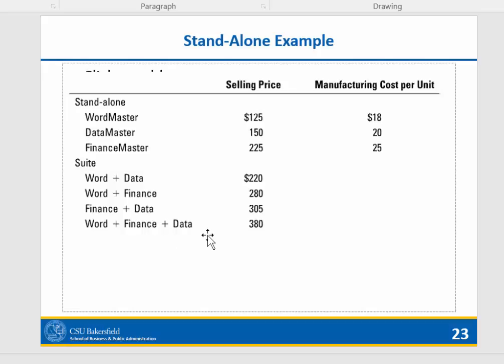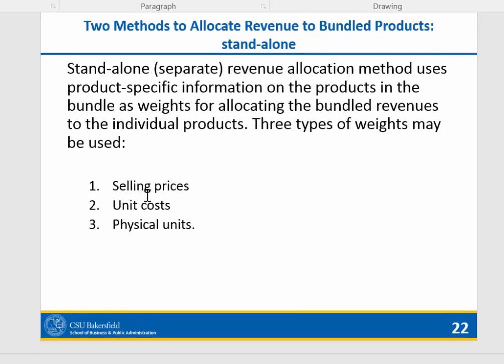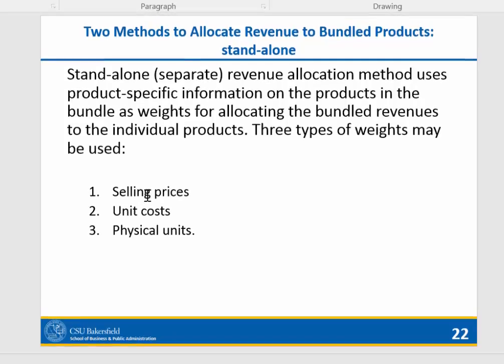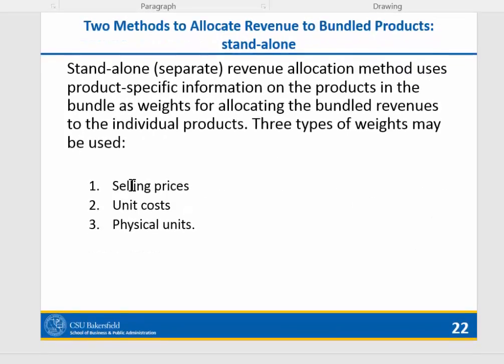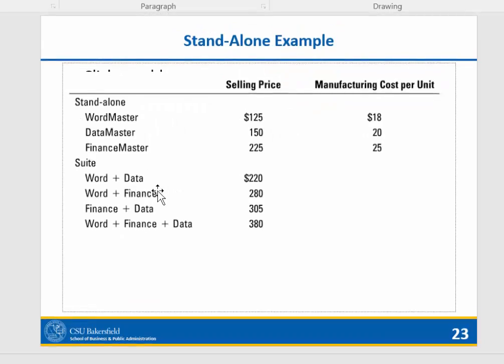So we are going to apply the standalone method, and what I'm going to do is the following. First of all, I'm going to take a look at the Word plus Data, and I'm going to apply all three weights separately. So let's focus on the Word Master and the Data Master.